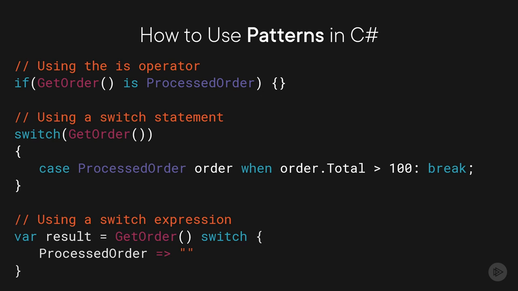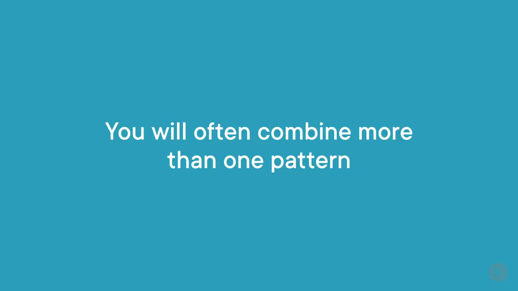As you explore each different pattern throughout this module, you will notice that you may combine and use more than one pattern. This is known as recursive or nested patterns.